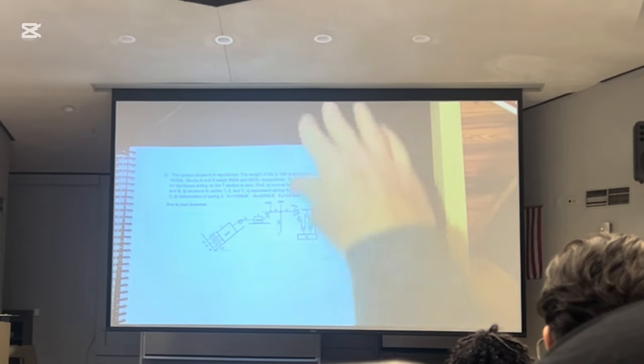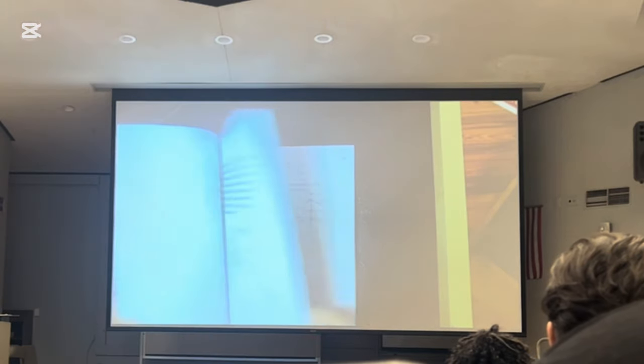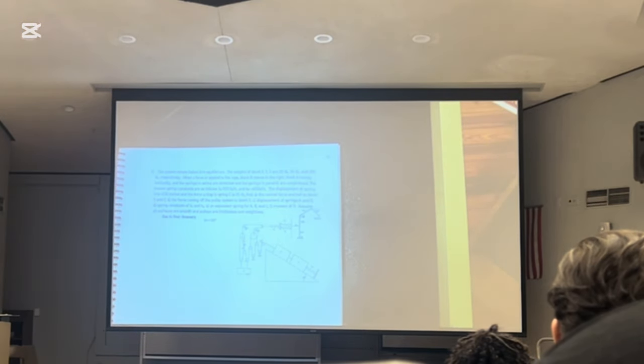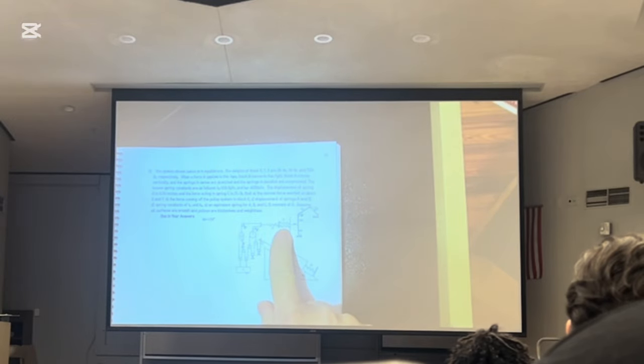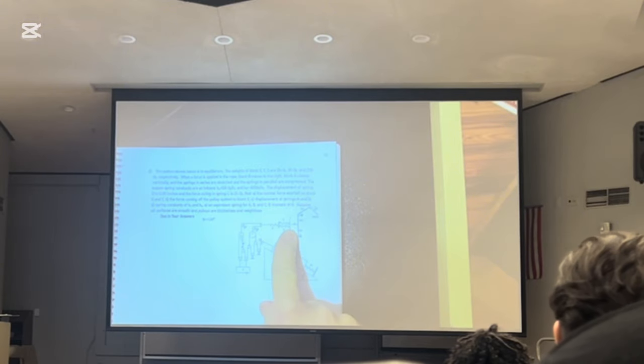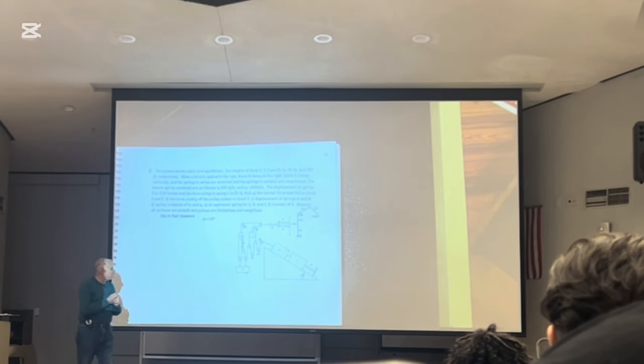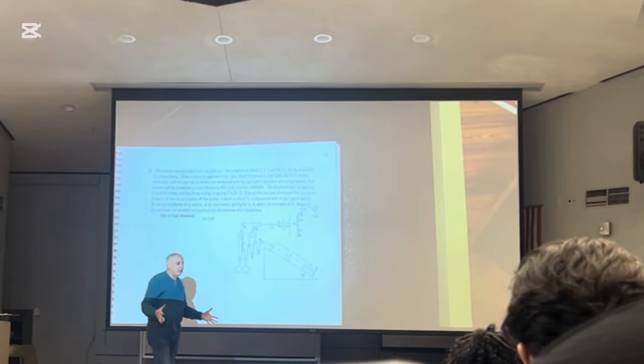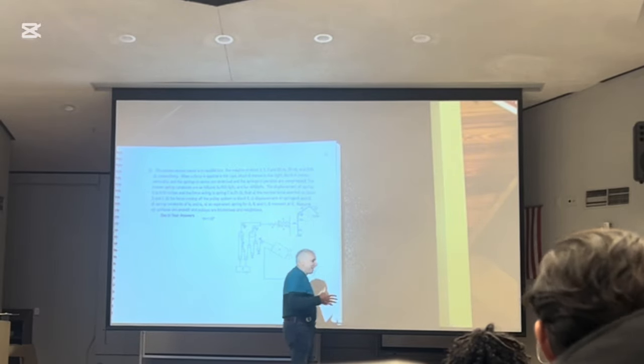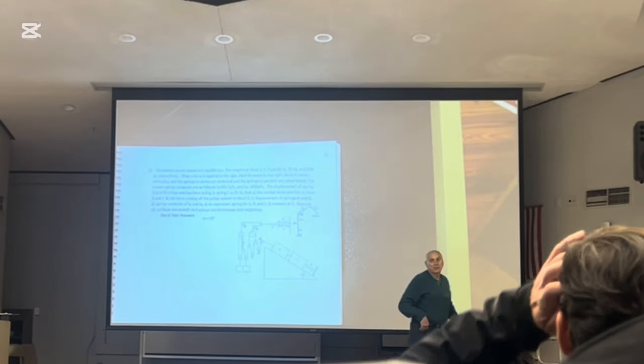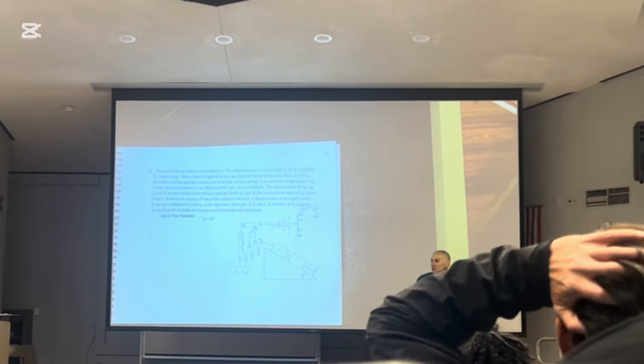Question number 2. Two springs in parallel, one in series, combined. And you're looking at it going, wait a second, I don't have anything like this in the textbook. You're right.